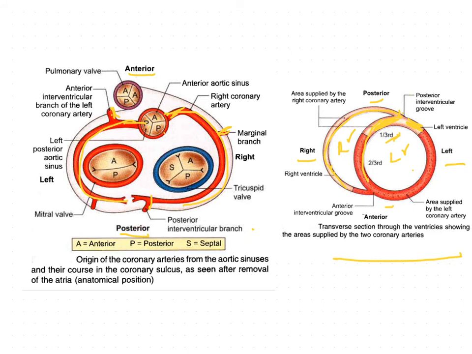Posterior 1/3 of the interventricular septum is supplied by the right coronary artery.